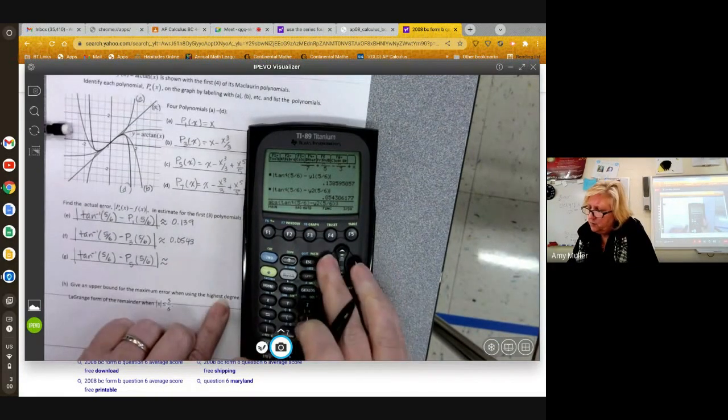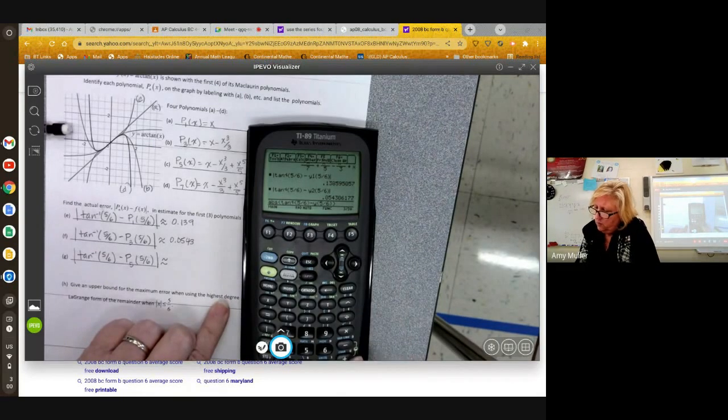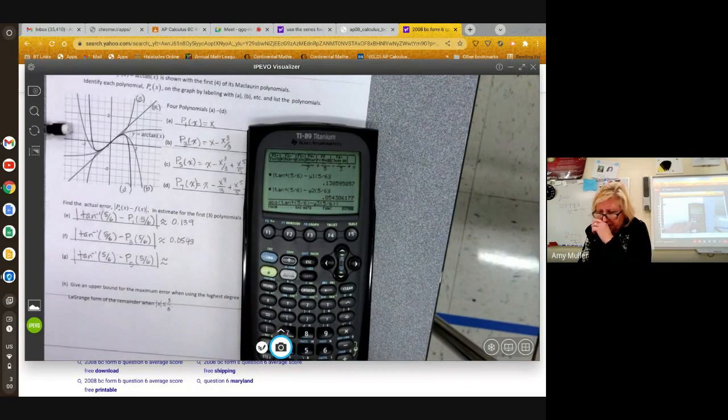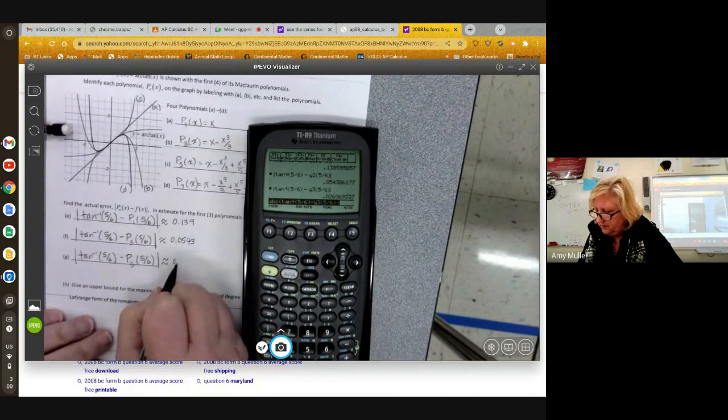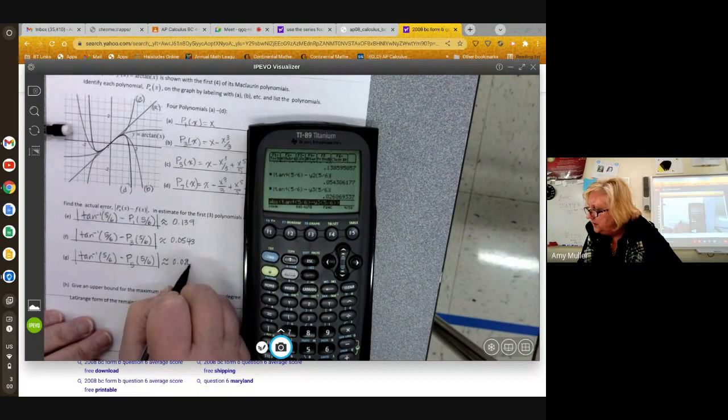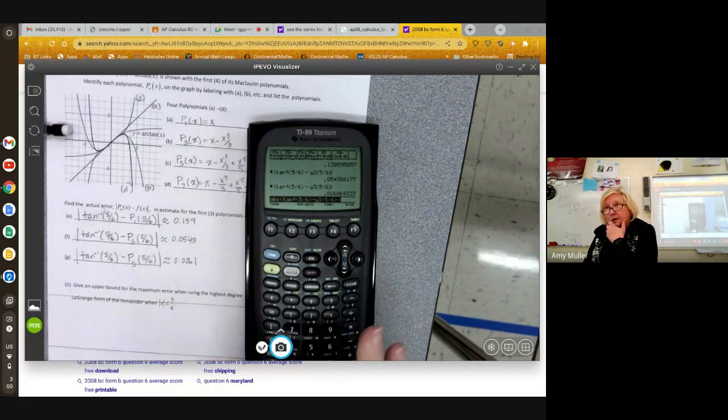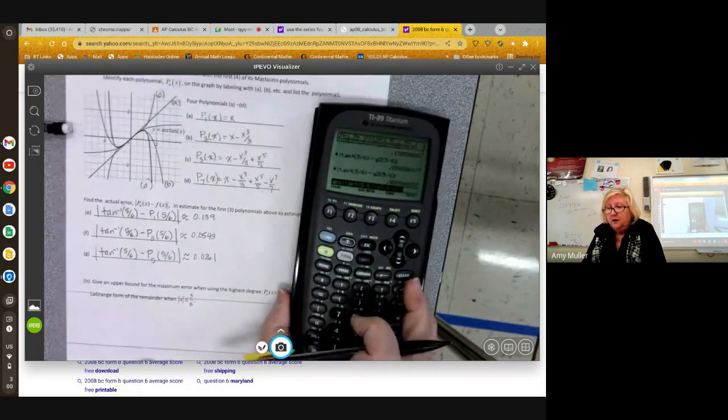Where did I put the third one? I put it in Y3, diamond approximate, and that's going to be 0.0261. Those are pretty easy, yes? Yes. Okay.